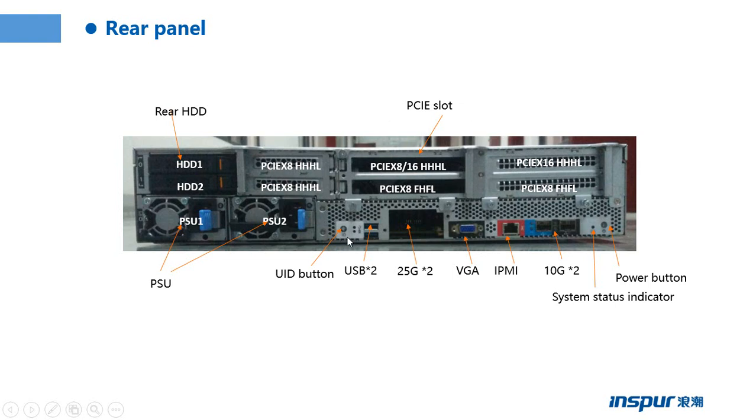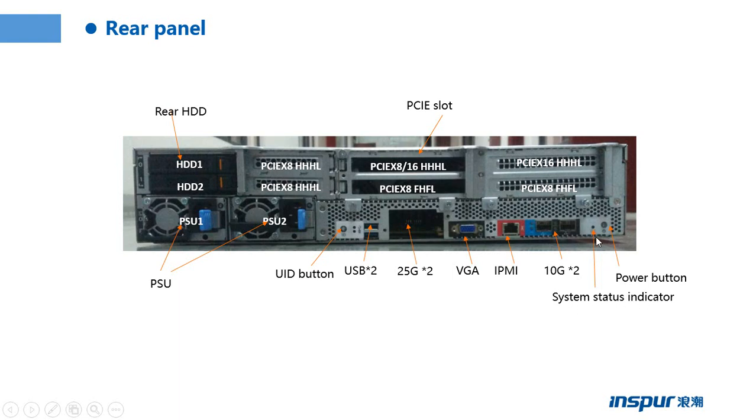These are the UID button, the two rear USB ports, the network interface, the VGA port, the IPMI, also we can call it BMC management port. The two are the network interfaces. This one is the system status indicator.